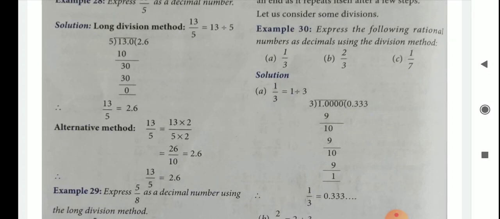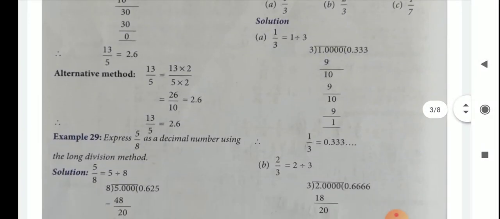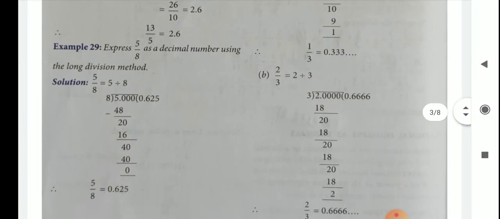Here again 1, then a 0 comes down, again we get 10. So this process will repeat, so we get 0.333 and so on. Okay, so these decimal numbers are known as non-terminating decimals.